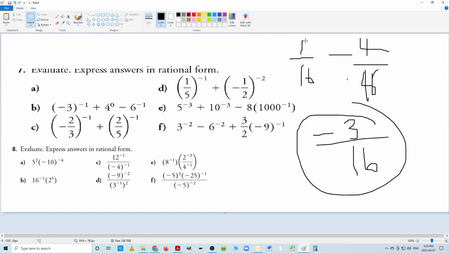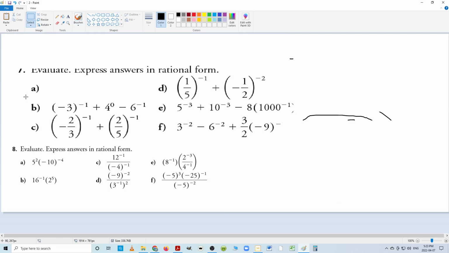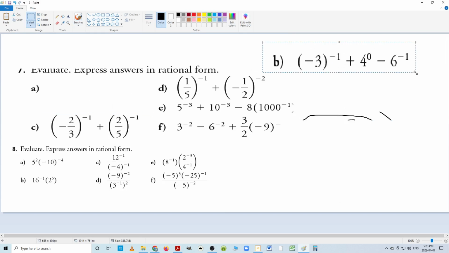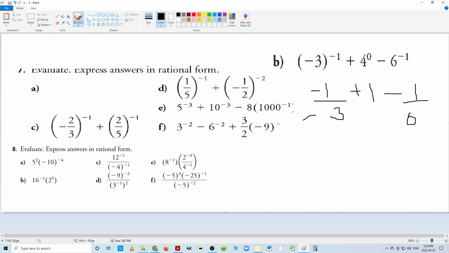So they're just kind of doing this weird adding stuff, mixture. Let's see if there's any weird ones in here we can do that's easier. Minus 3 to the negative 1 is the same as negative 1 over 3. 4 to the 0 is 1, minus 1 over 6. So in order to put them all in the same fractions, I have to multiply this one by 2.